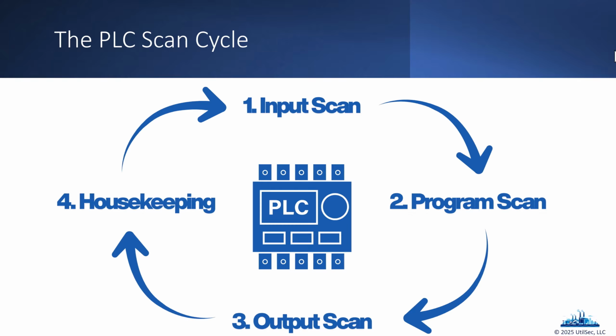It is essentially stuck in this loop where it brings in data, makes sure that it runs its logic based off of the data, and has results. If it needs to make changes in the real world to our equipment, to the process, it'll send signals out the outputs. And then it just checks to make sure, yep, everything's working appropriately, and then circles back and does it all over again. So that's the PLC scan cycle.